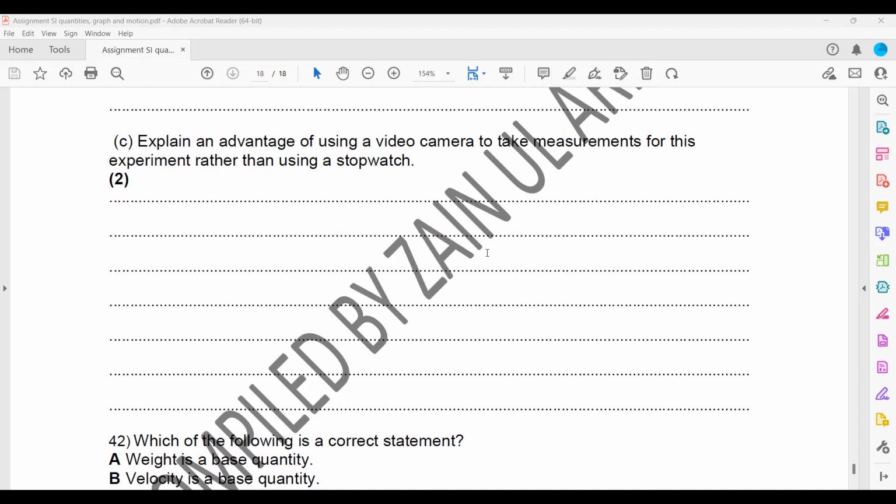It also allows us to repeat the experiment or playback or rewind, so we can confirm the values. So values will be more reliable. These are some advantages of using a video camera over the stopwatch.